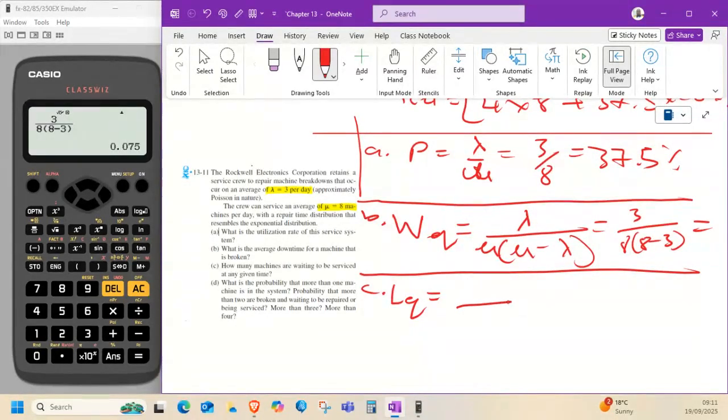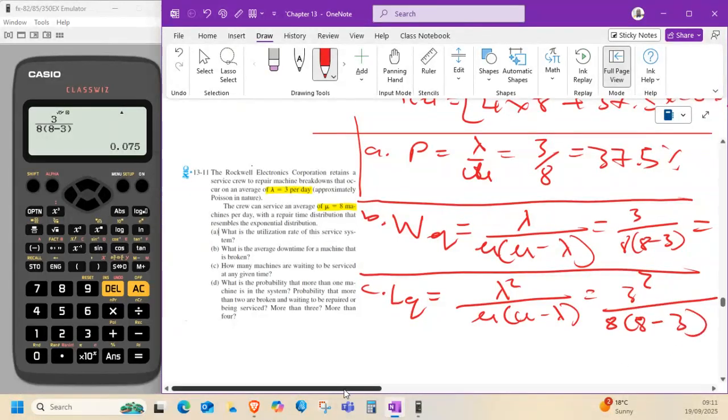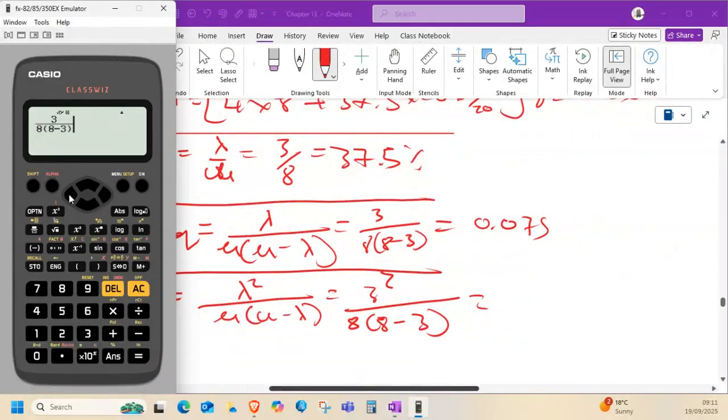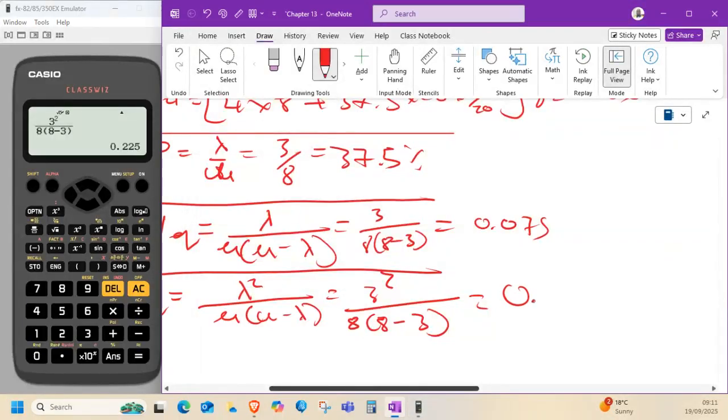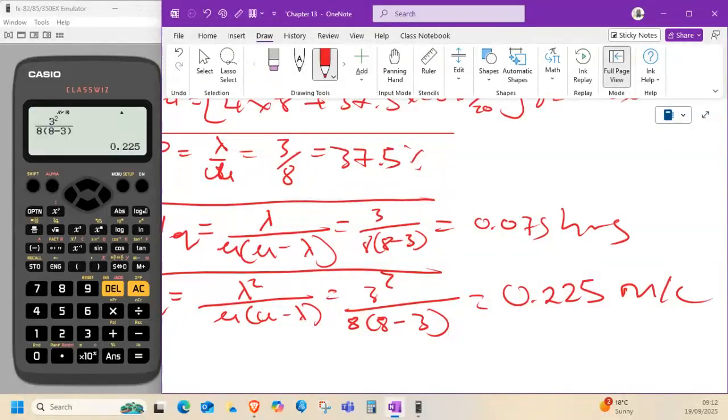So they are, I think this is a squared here, and 3 squared, 8 minus 3 equals to, you go and edit this. 9 over 40, that is 0.225 machines. Here, hours. Right.